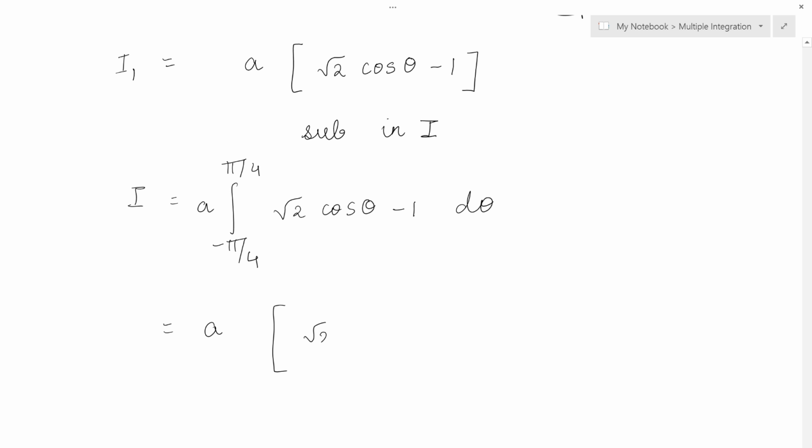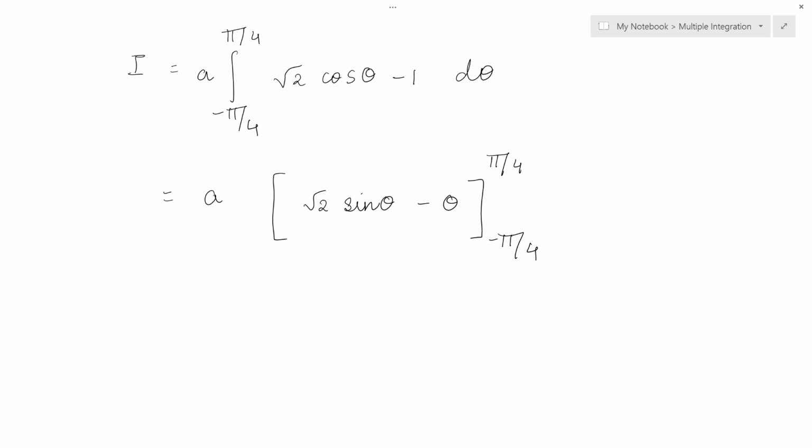That will be root 2 sin theta minus theta, and the limits of integration are minus pi by 4 to plus pi by 4. After we find the limits of integration, let me substitute the upper limit and the lower limit.